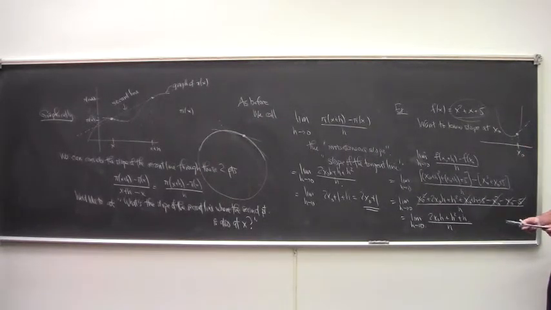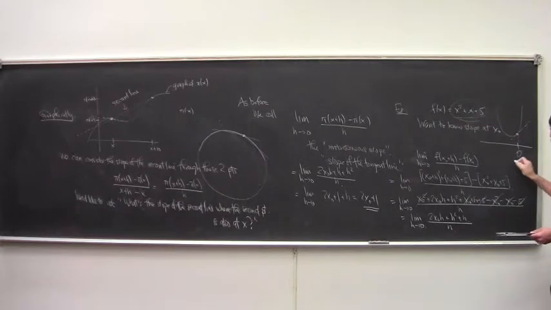That tells you, for example, that the slope of the tangent line at 0 is 1. At 10, the slope of the tangent line is going to be 21.